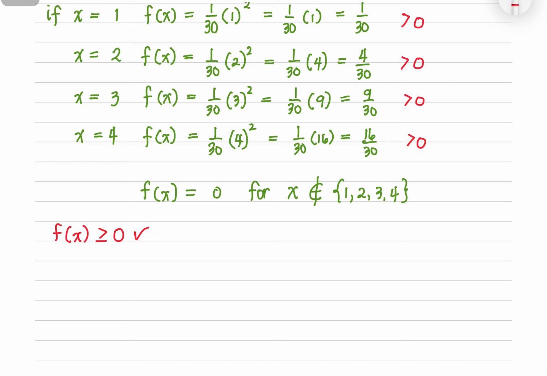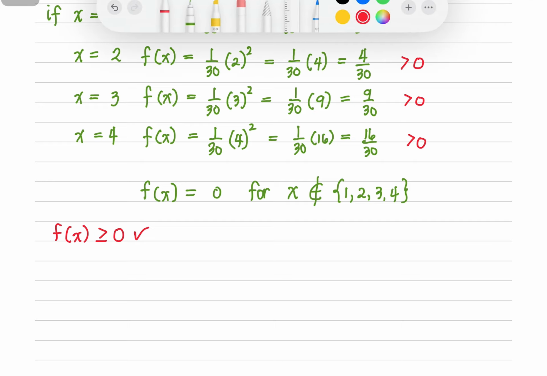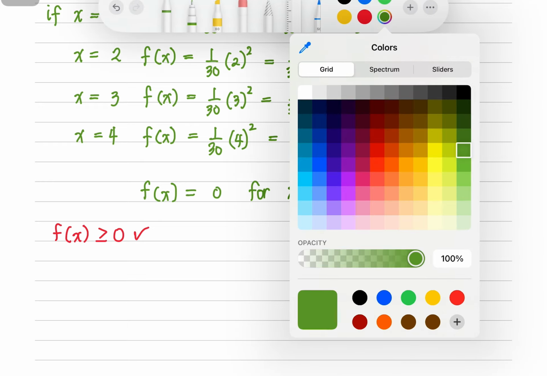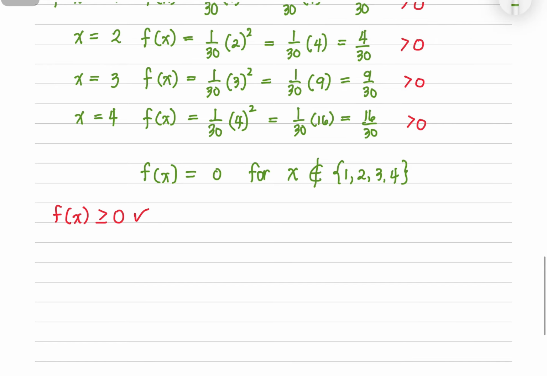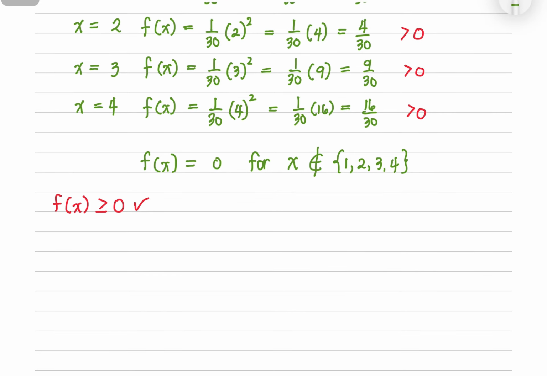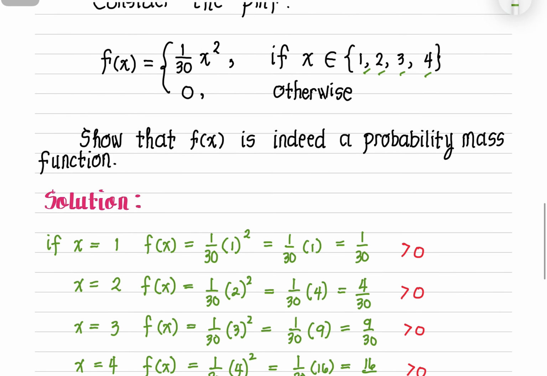So now, for the second one, second solution, ipoprove kasi natin yung second property kung masasatisfy niya yon. Okay. So, paano tayo magsosolution doon? So, same process sa example number 3 natin. So, we have the summation of f of x. So, ang ating lower limit is x equals 1. Upper limit ay 4, right? Kasi 1 to 4 yung dito sa ating pinapasubstitute.